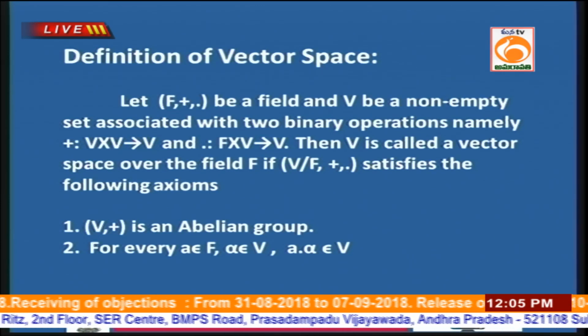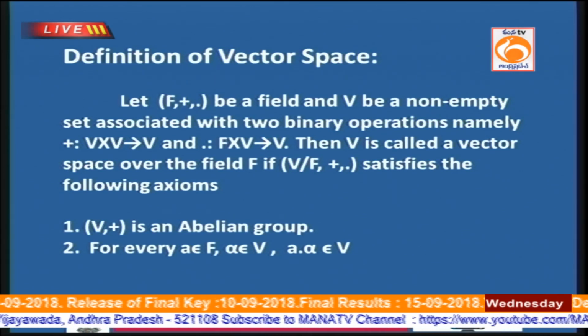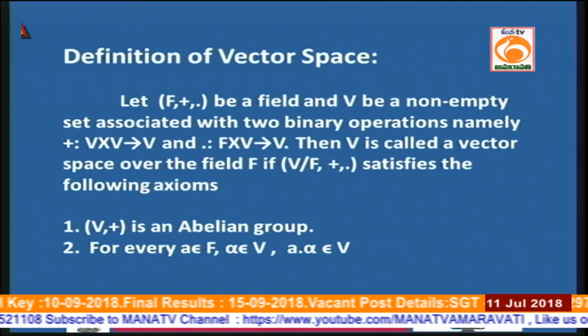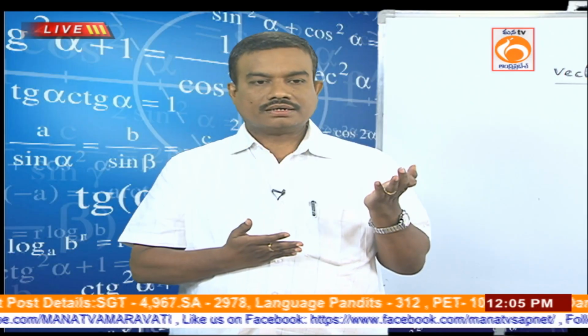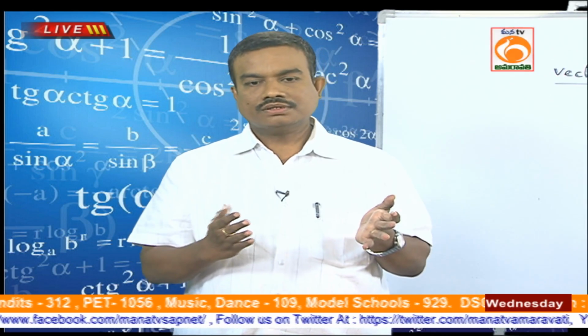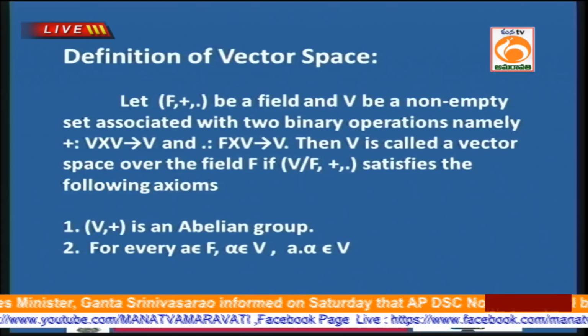Axioms you would already have understood, because you have been acquainted with several axiomatic systems from the second year onwards, like group, abelian group, normal subgroups, rings, fields, etc. So, I need not explain the meaning of axioms. Let us look at what the axioms are. The first axiom is that (V, +) is an abelian group.